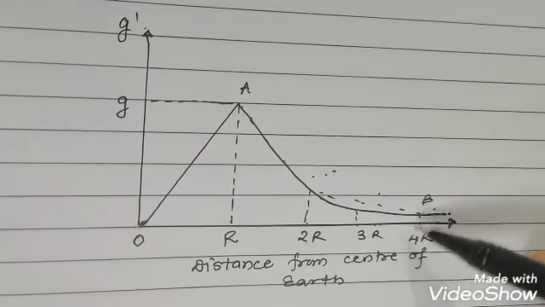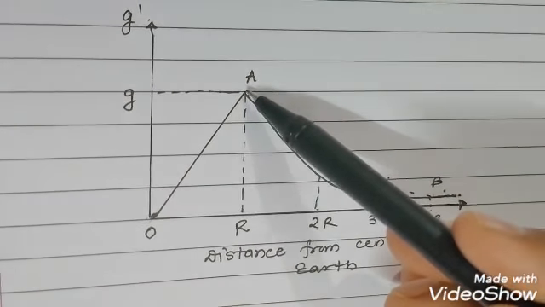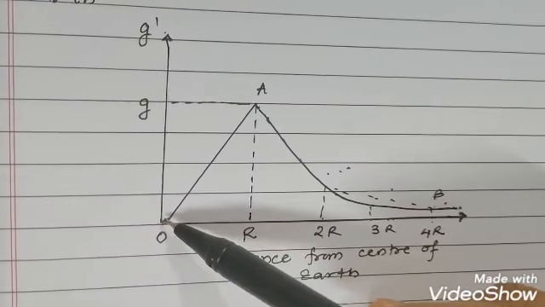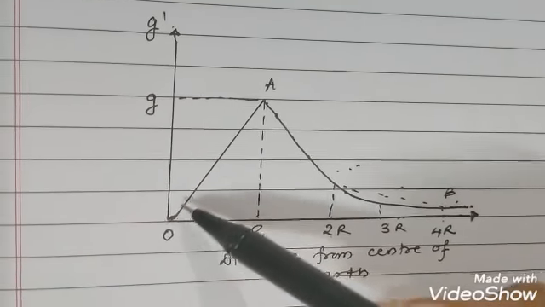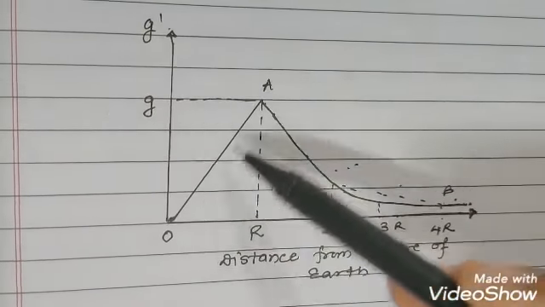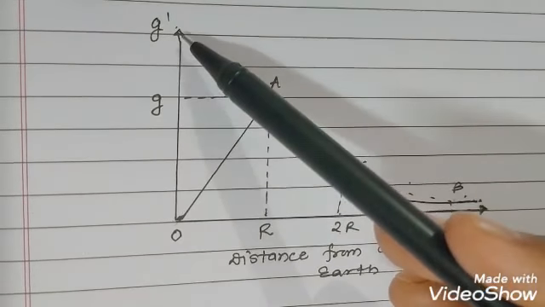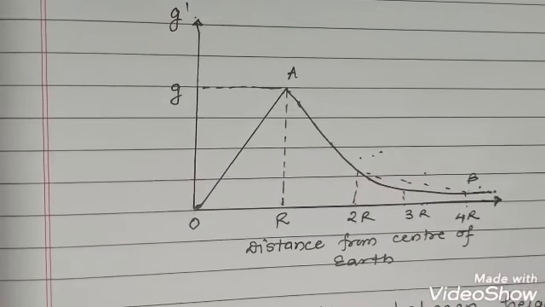So the maximum acceleration due to gravity is on the surface of the earth, and the acceleration due to gravity at the center of the earth is 0. This graph explains very well the variation between the acceleration due to gravity and the distance of the object from the center of the earth.